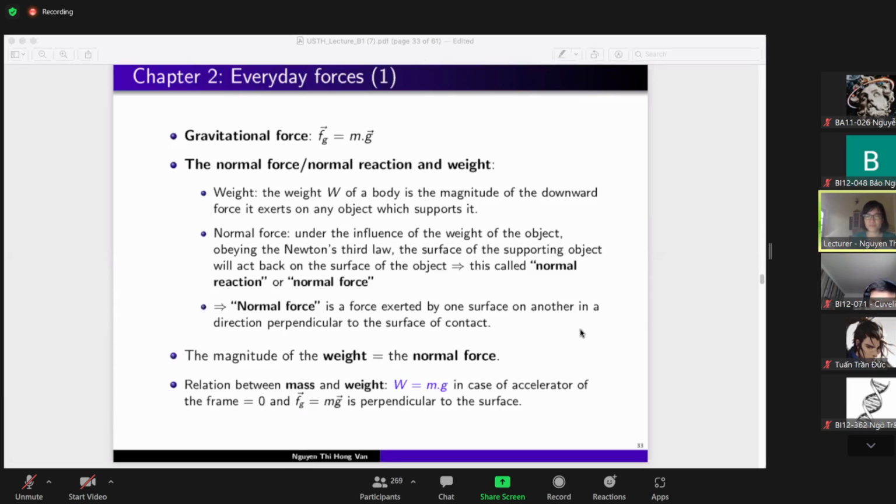That is, you have the Earth, the center of the Earth is here. So for objects moving close to the surface of the Earth, there is an attractive force between the mass here and the mass concentrated at the center of the Earth. So this is mg. Gravitational force is the attractive force. Any object on the ground of the Earth will be attracted by this force. You cannot avoid it.